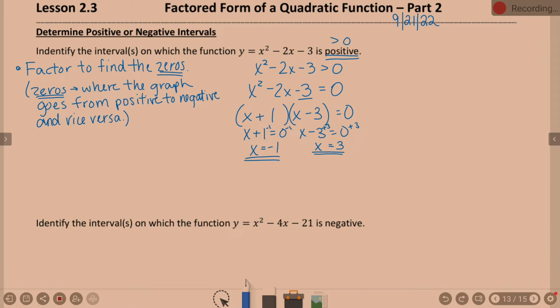So the point of factoring to find the zeros is that's where the graph goes from positive to negative and vice versa.